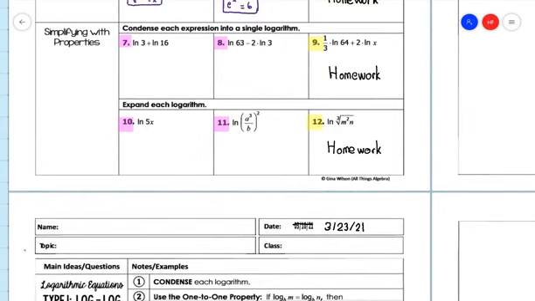Now on this next part, we're condensing them and expanding them the exact same way that we have those properties with the other logs that we work with. So whenever we have this plus, we'll take ln 3 times 16, which would be ln 48.